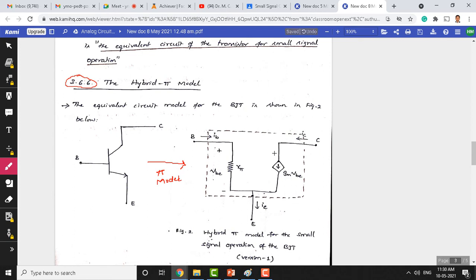We can replace a BJT in any circuit with the pi model like this, so that we can understand the circuit more easily. When we replace the BJT with its pi model, this model should work similar to the actual BJT.